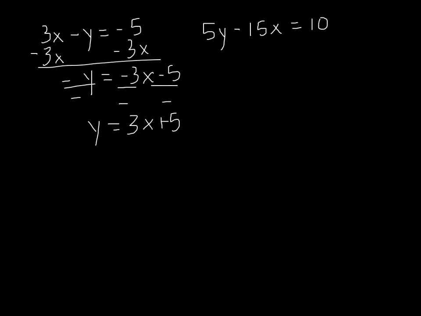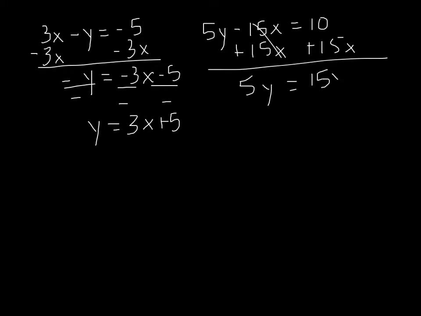For the second one, we need to add 15x to both sides, so that's gone from there. We get 5y equals 15x plus 10. Divide everything by 5, and we get y equals 3x plus 2.